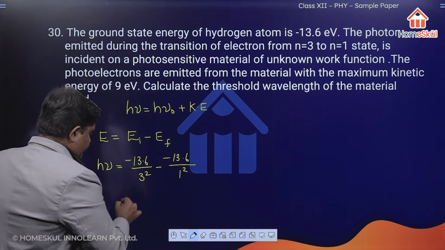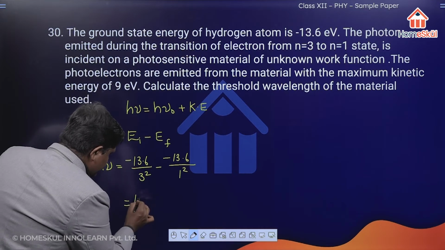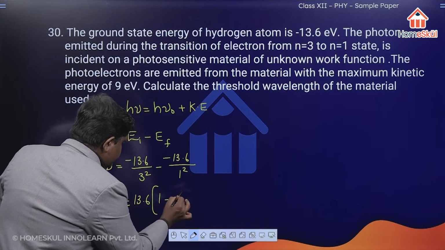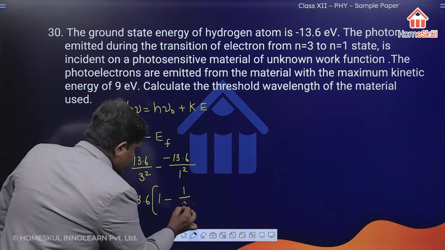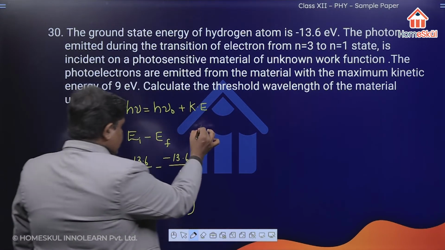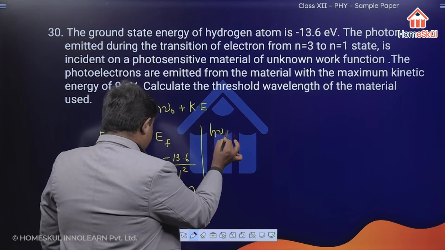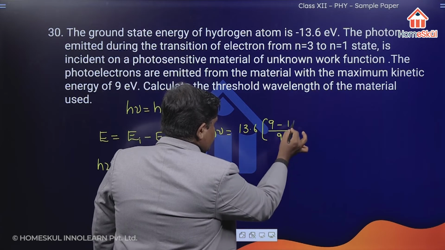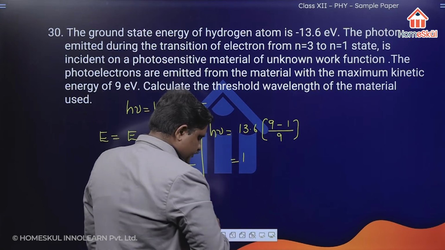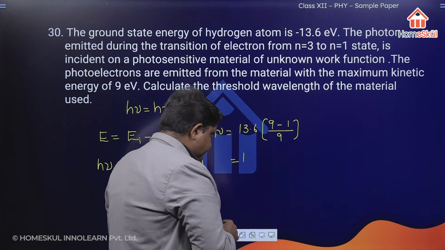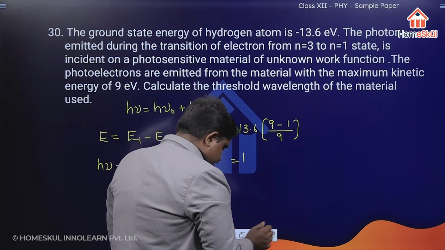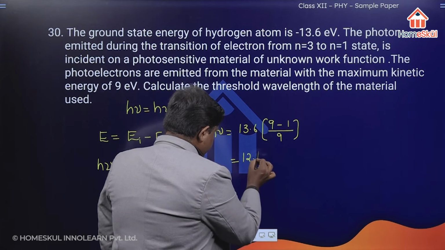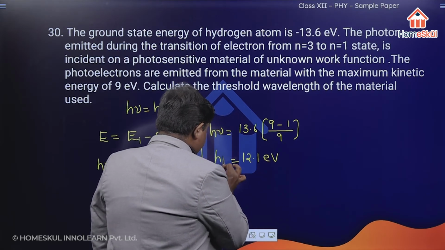Therefore, that is equal to 13.6 into (1 minus 1 by 9), that is h nu equal to 13.6 into (9 minus 1) by 9. When we calculate this, we get 12.1 electron volt.